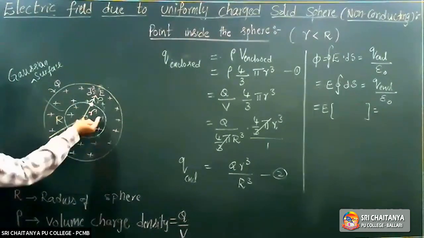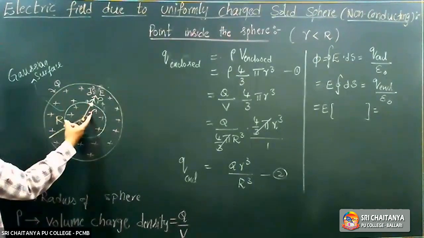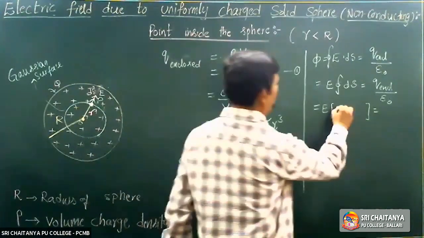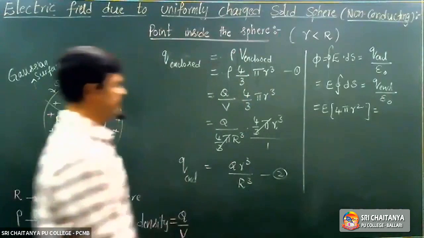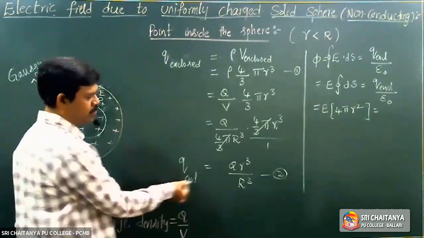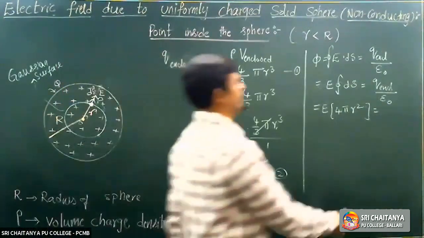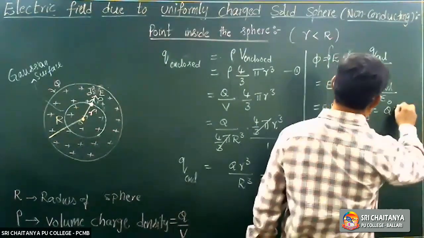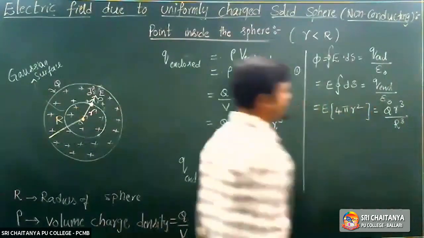Integral of ds for this Gaussian surface. What is its radius? Small r, right? So what is the formula? 4 pi r square. Already we found what Q enclosed is: Q small r cube by capital R cube.